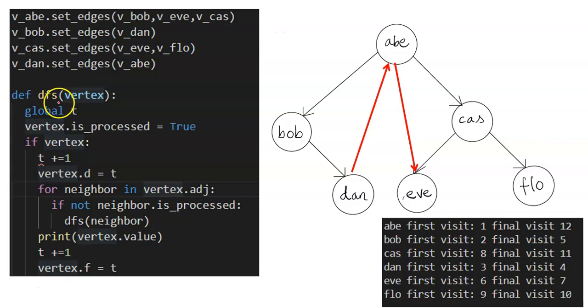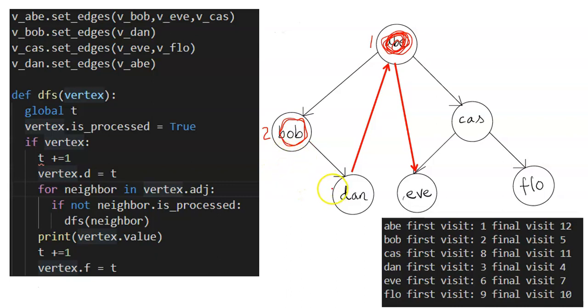When we call DFS on the Abe vertex, we change it to red to show that it has been processed. We put a timestamp of 1, and then we call DFS on its first neighbor, which is Bob, and we put a timestamp of 2, and we show that it has been processed.